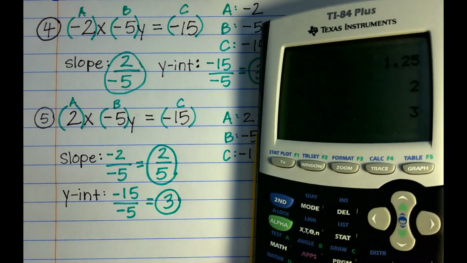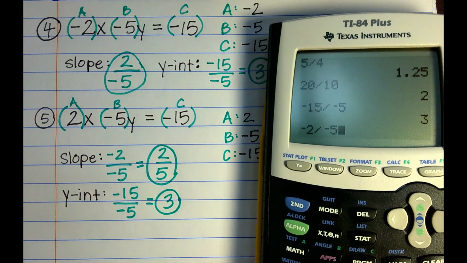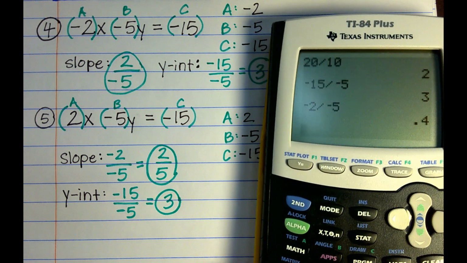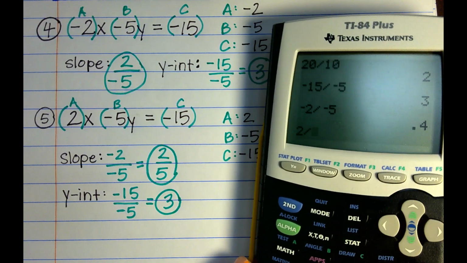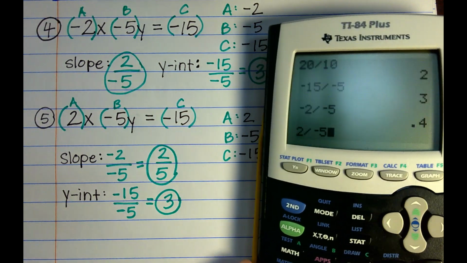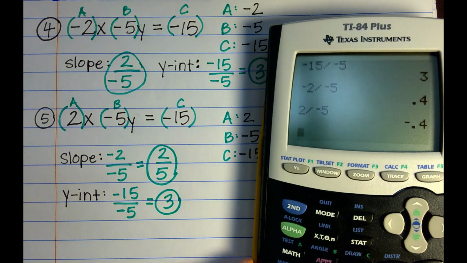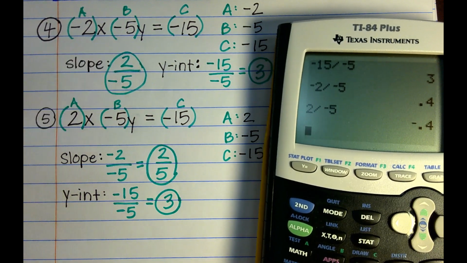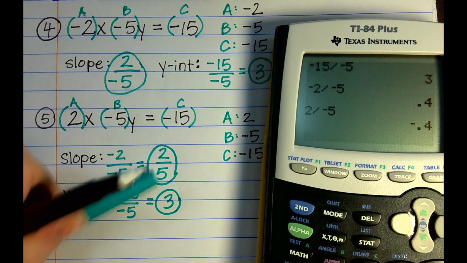If I were to do negative 2 divided by negative 5, it's going to give me a decimal, but it will be a positive decimal, positive 0.4. Now on the other one, 2 divided by negative 5, we have a positive divided by a negative, so we're going to get a negative answer, negative 0.4. When the signs are different, it's negative. When the signs are the same, it's positive.